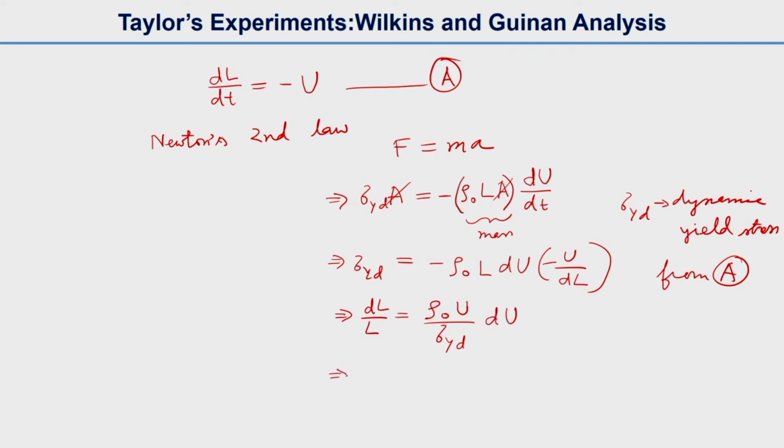So if we take the integration from L0 to L1 of dL by L, this is from initial length to the final length, and here we have rho naught sigma yd, which are constant, out of the integration sign.